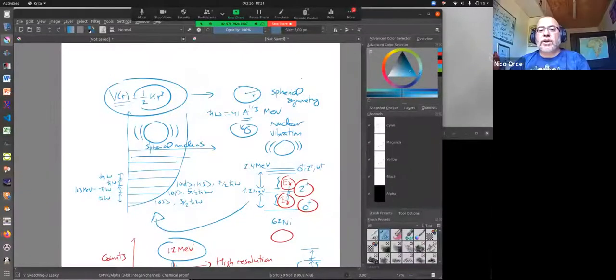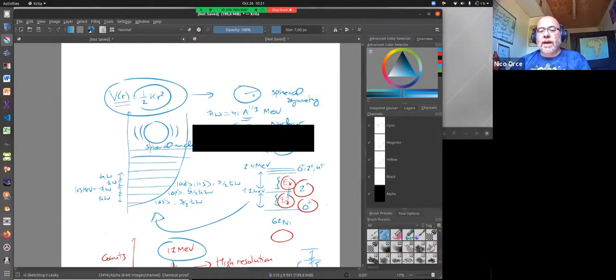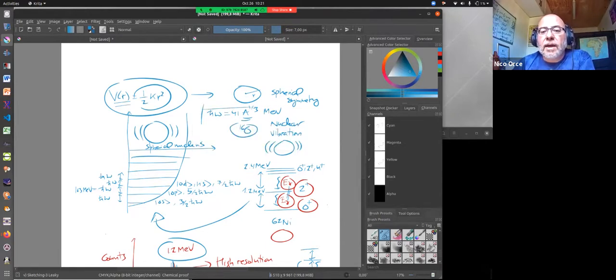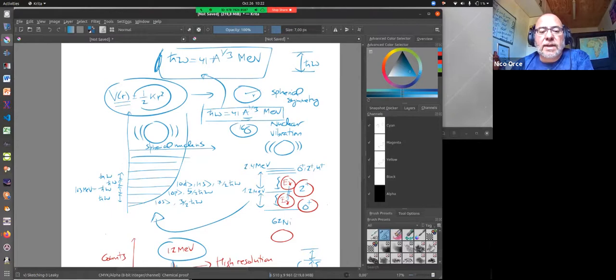Good, Lucy. That's a very good question. So this is the formula, and this formula is not so easy to deduce, but if you want, we can deduce this formula, but basically it comes from here, 41 A to the 1/3 MeV. So this is the difference between major shells, H bar omega, and a major shell, but I don't want to get into the shell model now, but it's going to be the essence of the shell model, but this is how I got 163 here.